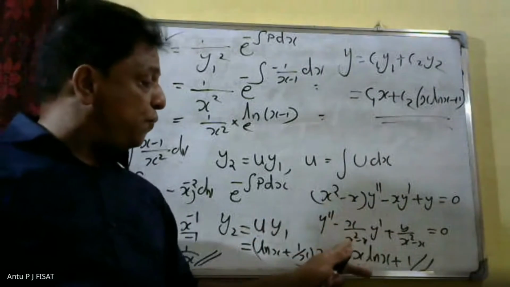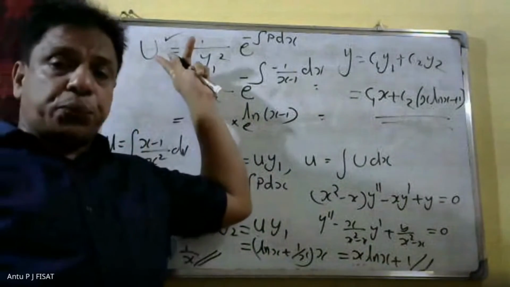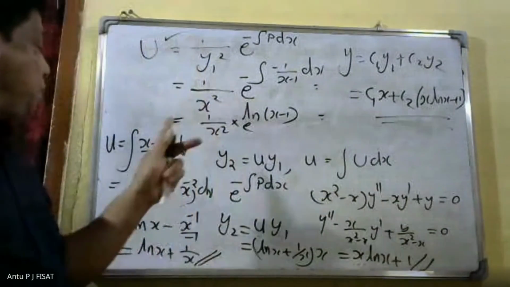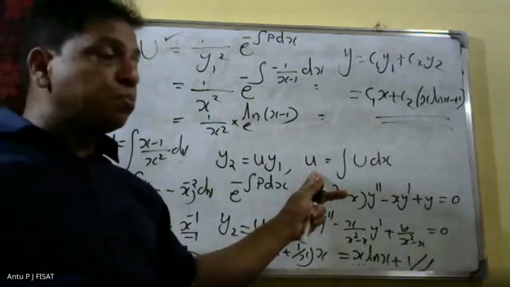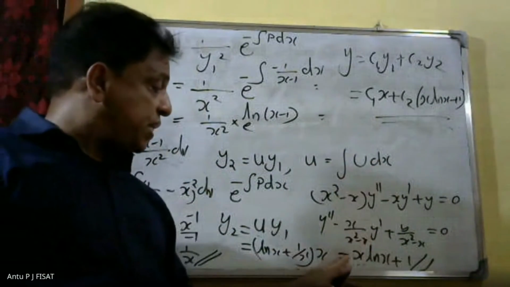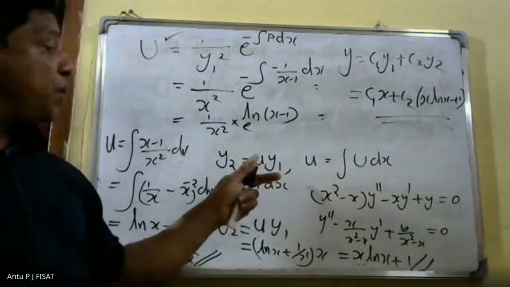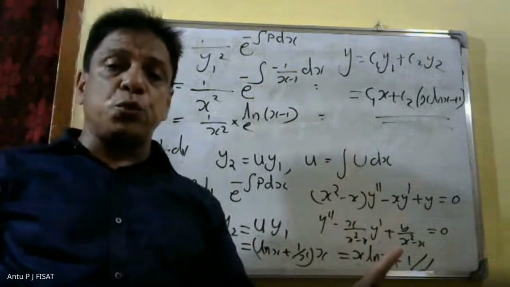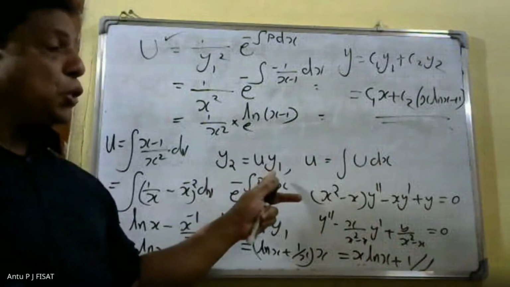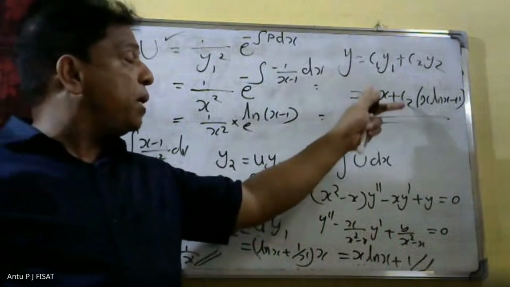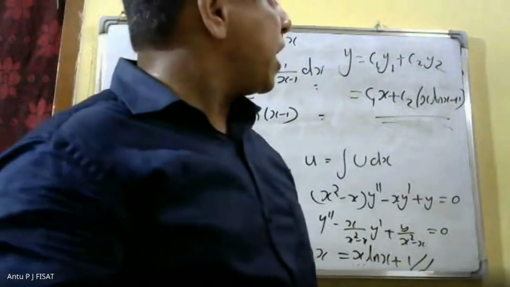Comparing with the standard form, we get the value of p. By using p, we can easily find capital U. After finding U, we find small u by integrating U with respect to x. Then multiplying the given solution by u, we get the second solution y2. Therefore, the final solution will be y = c1 x + c2 (x ln x + 1).